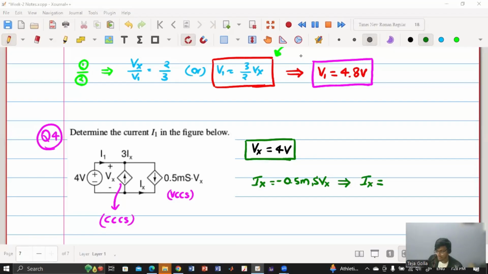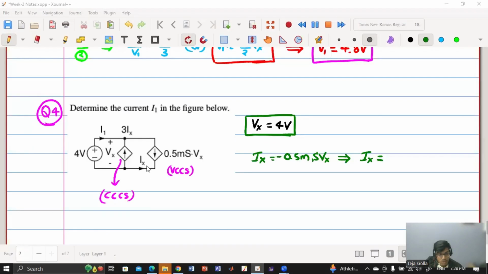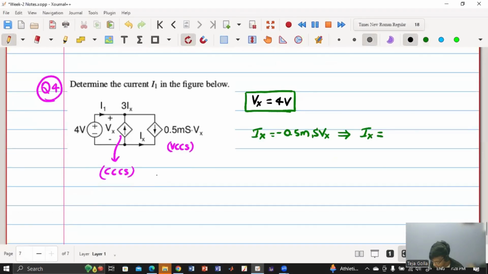I'm not clear. Okay, so we have a current source like this. Say this value is 2 ampere. And I'm asking what is this current? So this will be minus 2 amperes, right? So current flowing from right to left is 2 amperes, or current flowing from left to right is minus 2. Which is what we have done here.